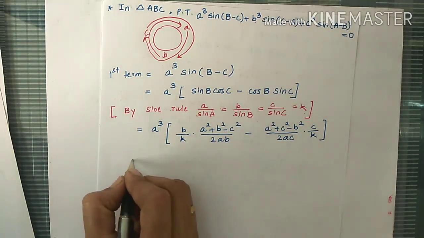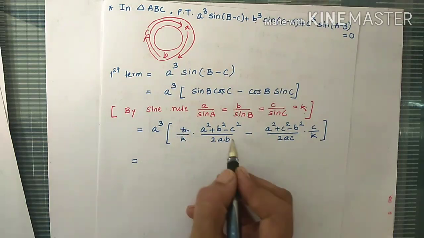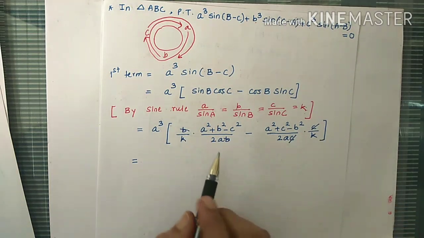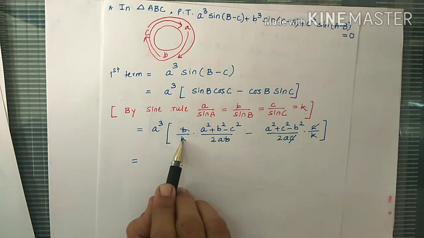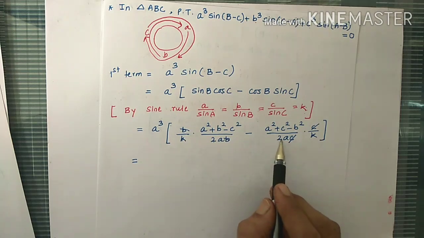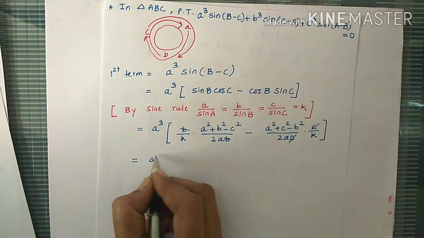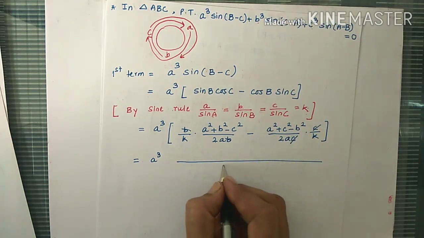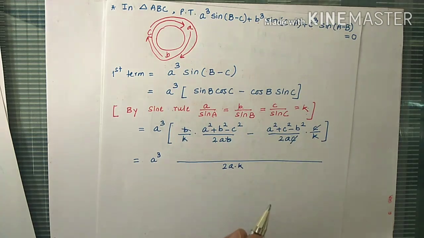So let's simplify this. Simplifying this, b gets cancelled. Here c gets cancelled. So the denominator of first term is 2a into k. In the second term also we have 2a into k. So denominator is same, so let's write only one denominator, 2a into k.